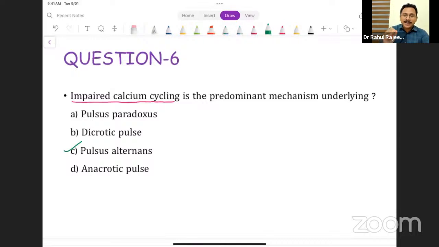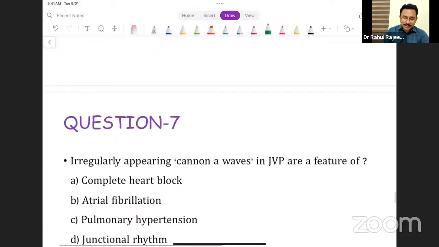But the predominant mechanism that underlies pulsus alternans, the reason for this morphology change, is impaired calcium cycling, and that affects the action potential duration. So answer is option C. Okay, this is a point I think I've stressed in my DocTutorials lectures as well on the module on pulse.